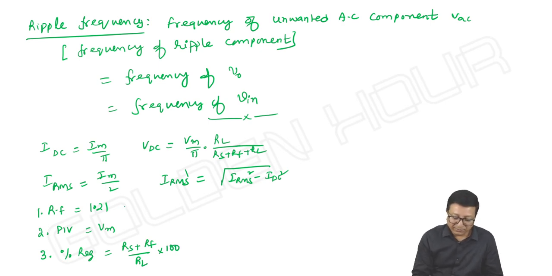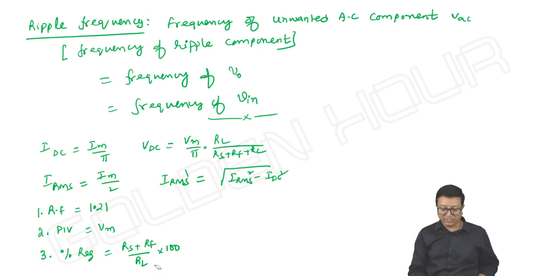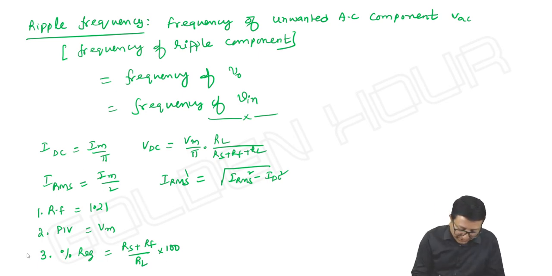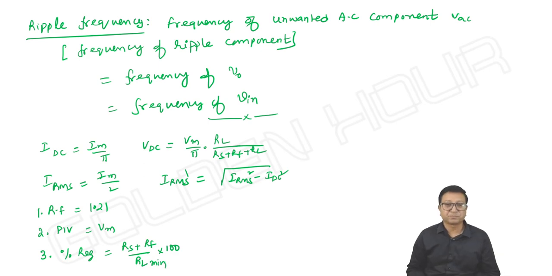Ideally, we expect the ripple factor should be as small as possible, but in this case, we are getting a standard value 1.21. Percentage regulation also should be as small as possible. The concern behind percentage regulation is if RL changes, then the output peak amplitude keeps on changing, which is not supposed to happen.